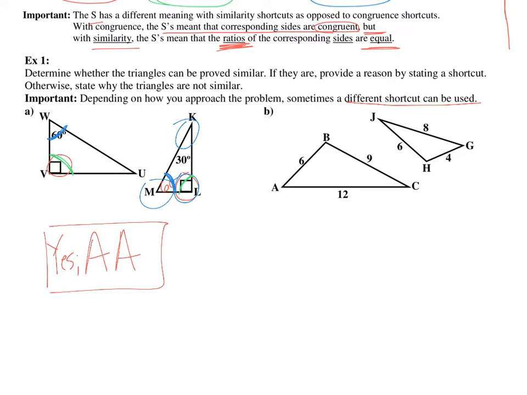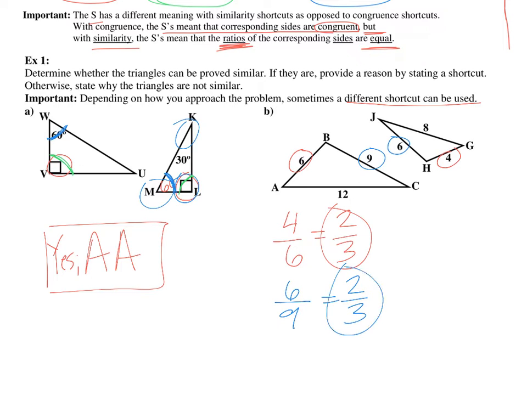For the next one, I'm going to go with the shortest side for the small triangle, and then go with the shortest side for the larger triangle. What does that reduce to? 2/3. Then I'm going to go with the medium side for the smaller triangle, and the medium side for the bigger triangle. 6/9. What does that reduce to? 2/3.